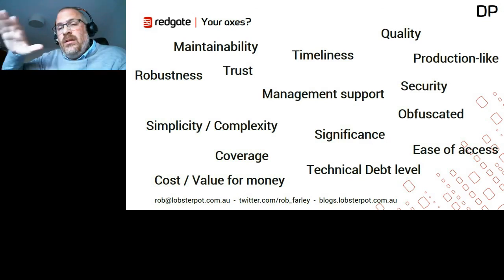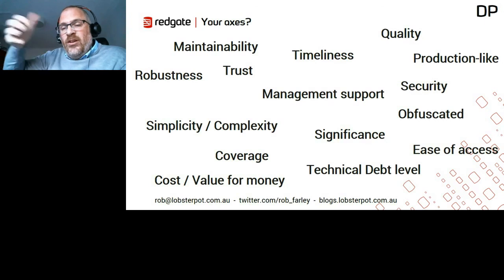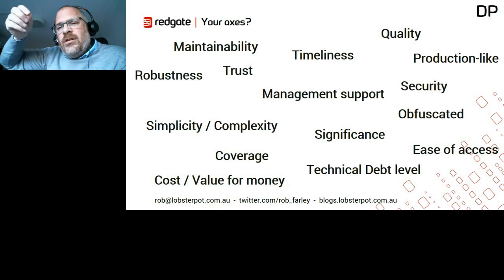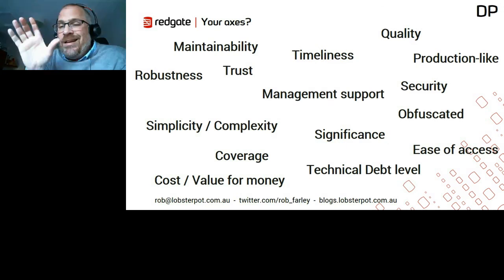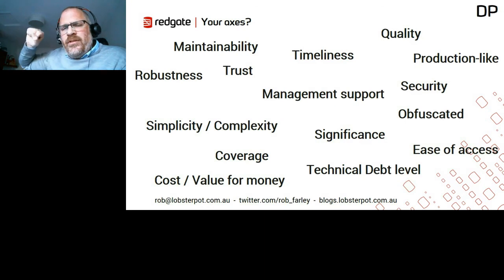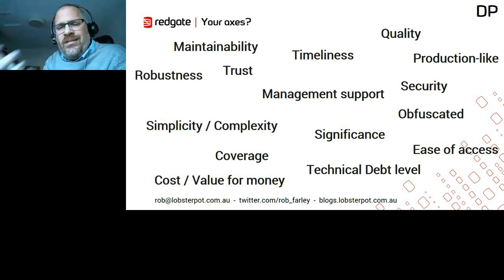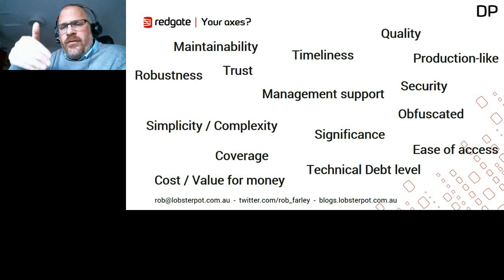Let's face it, you could be using an exact copy of production for all your test stuff. But it's dangerous because even though it's obviously very production-like, it's potentially a problem for the lack of obfuscation that it might have, the lack of masking and all of those kinds of things that you need to be considering for the sake of making sure that your data is properly looked after.